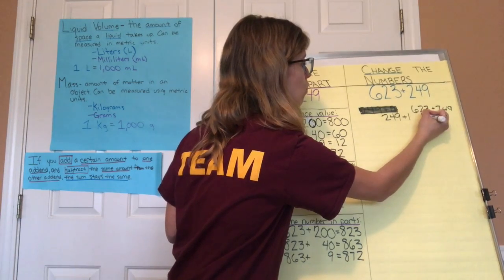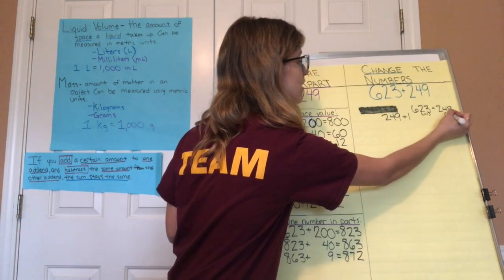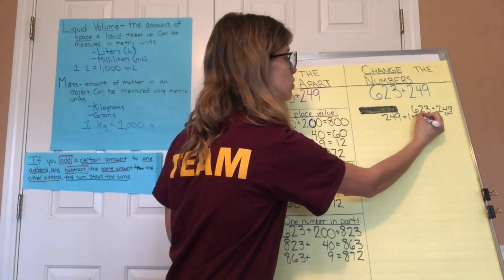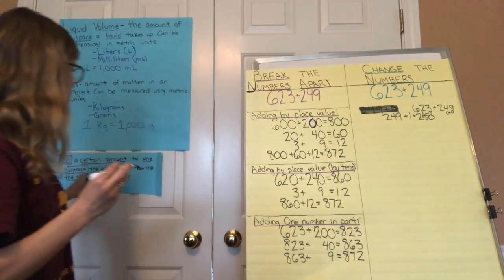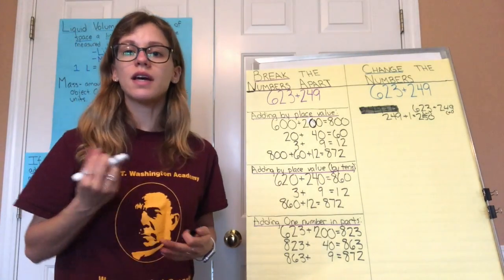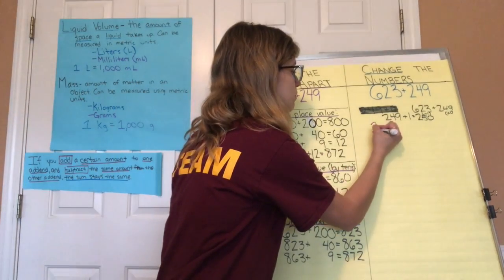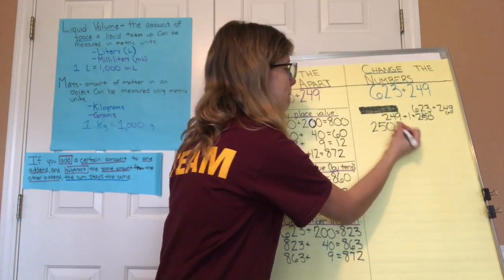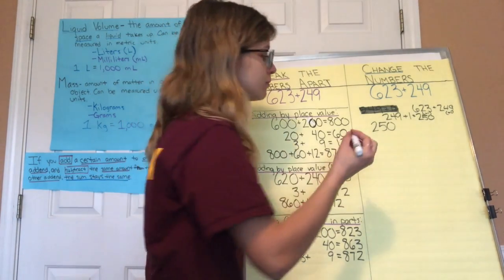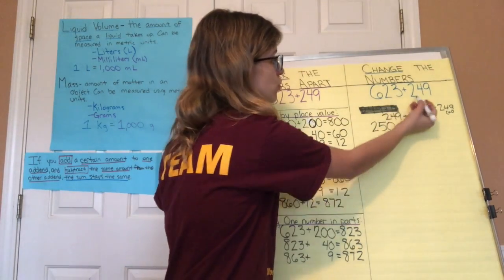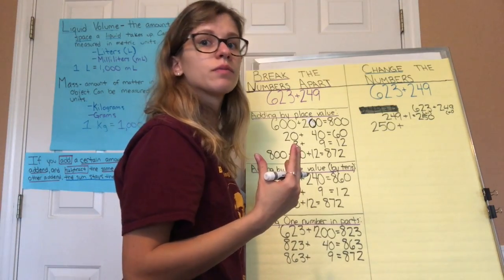We took away 1 from 623, and then we added 1 to 249, which brought us to 250. And we figured out that as long as we do the same amount to one addend as the other addend, we'll still get the same answer. So now we have 250. And it's a lot easier to add with 250 than doing 249. So now we have 622 left.